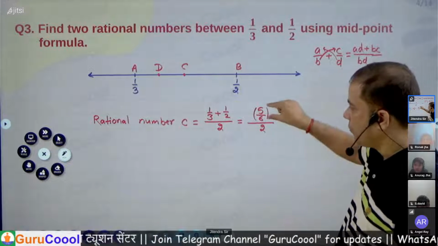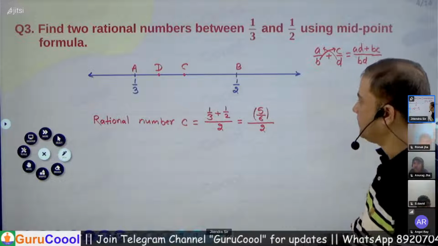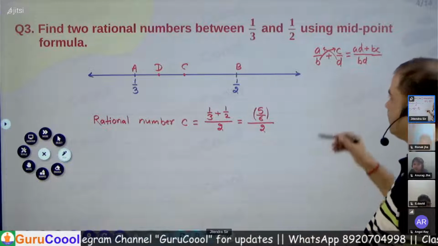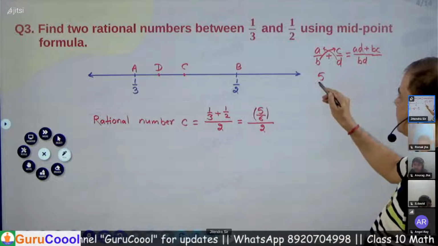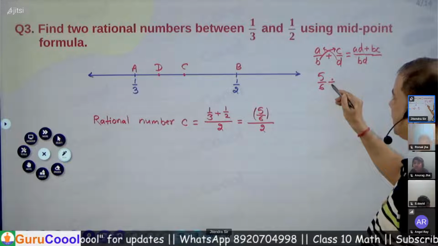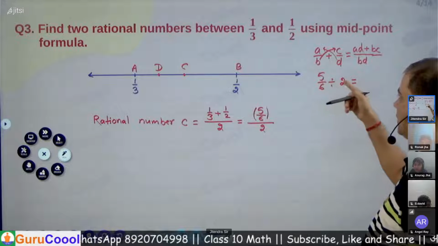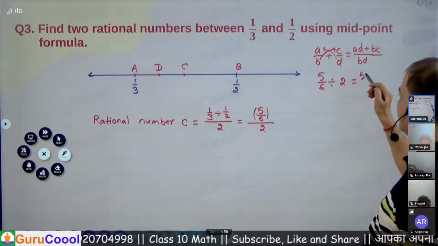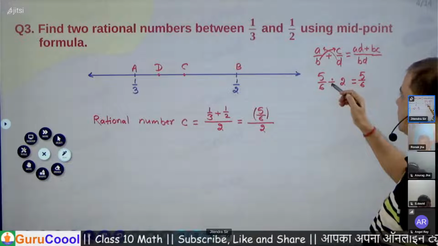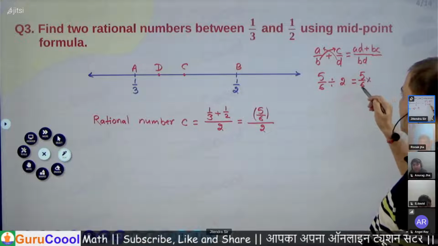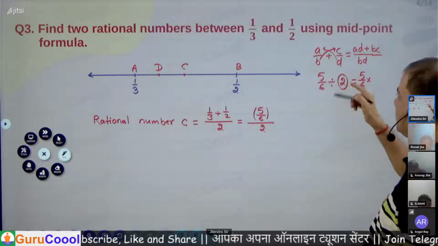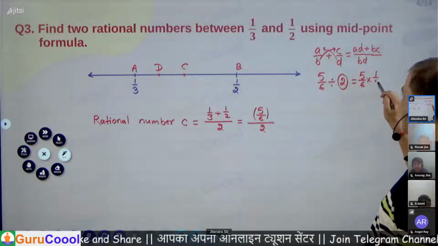Now we have to divide this fraction by 2. How to divide it? 5 by 6 divided by 2. How to divide a fraction by another one? 5 by 6, change the divide sign into multiply, and the second rational number 2 becomes reciprocal, that is 1 by 2.